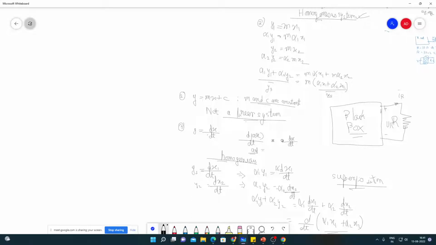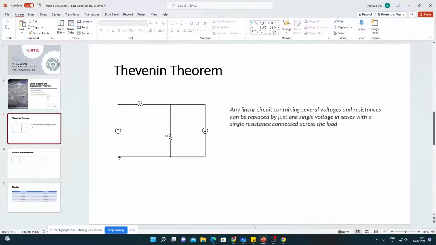Okay, so how do you model the black box? There we have a theorem that comes to help, and that is Thevenin's theorem. Any linear circuit, and we have just now discussed what we mean by a linear system.